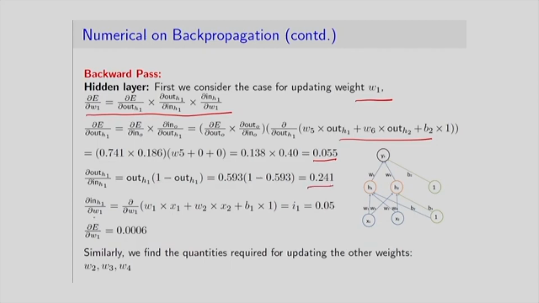Delta in H1 divided by delta W1 is 0.05, and from this I can obtain delta E divided by delta W1, that is 0.006. Based on this I can determine the weights W1, W2, W3 and W4. Similarly we can find the other weights W2, W3, W4.